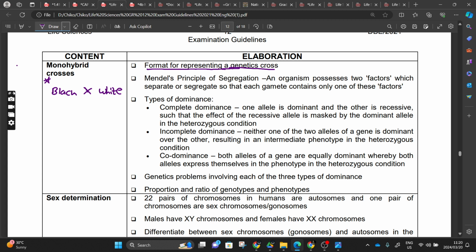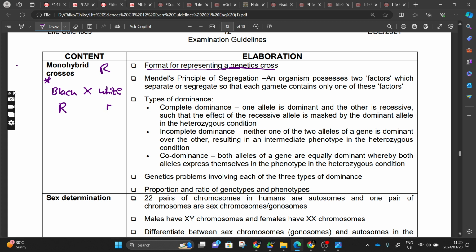And then they said use a letter R to represent your alleles, or to represent the traits. So here's the thing. The black is dominant, which means that because they said letter R, we have to use letter R. The black is dominant, so we say capital R. And the white, because it's recessive, we are going to say small letter r.